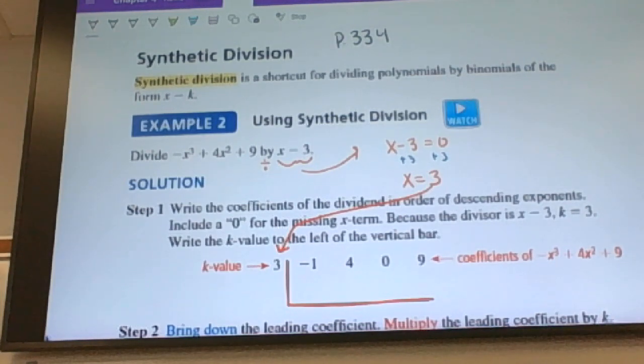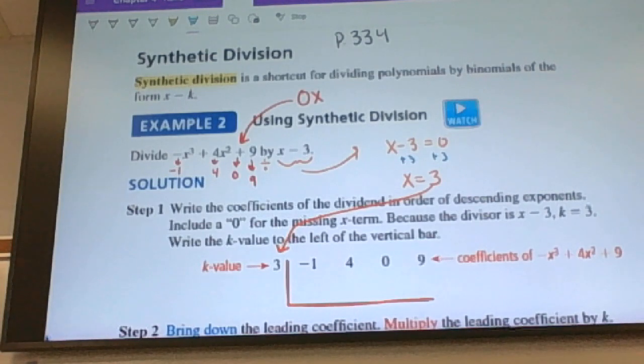Okay, in the top row of the upside down box, we have coefficients. So that's kind of why I reminded you of that word earlier. Coefficients are numbers in front. So when I look at the dividend, the number in the very front is a -1, and then there's a 4. Now right here we have a 0x, so I'm going to insert a 0, and there's a 9.